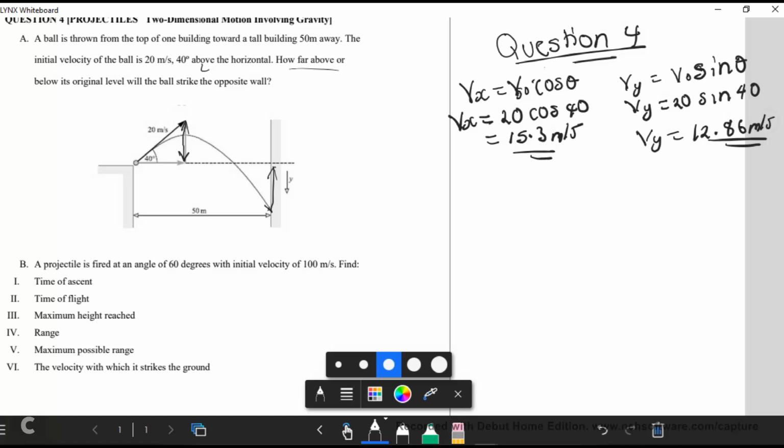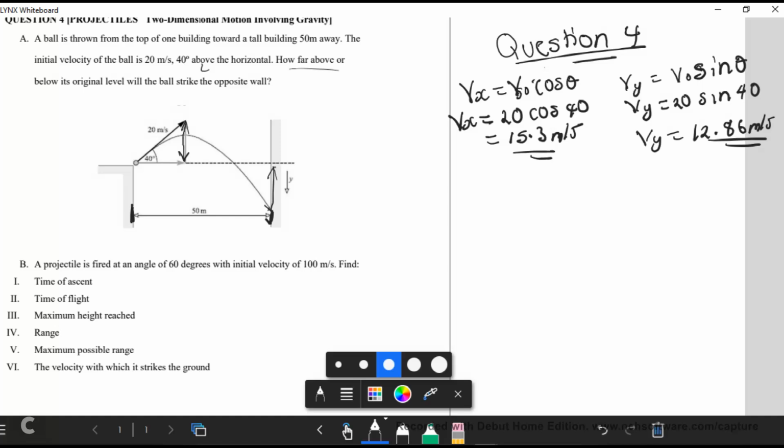So from here now, I want you to look at the distance or the range that it took from here up to here. They've given us that, and remember, this is in the x-axis, right? So we can calculate the time it took from this point to this point by using these meters.